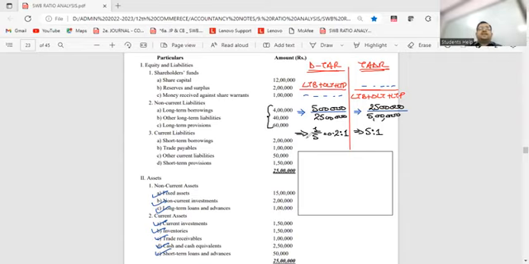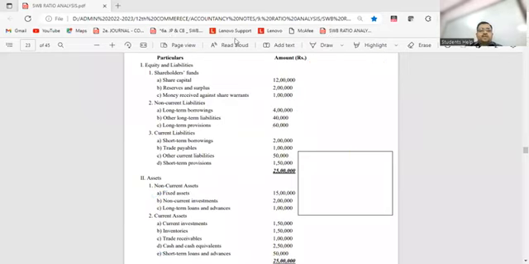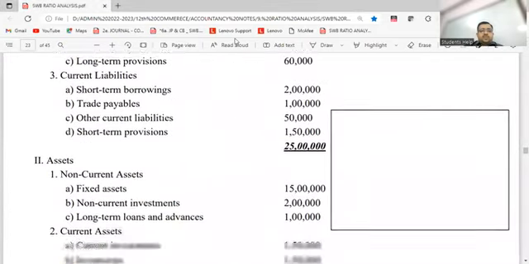Both mean the same. Whether you say 0.2 is to 1 or 5 is to 1. Understood this? Yes, sir. Let's be quick. Let's move ahead, children. This was question number 40.